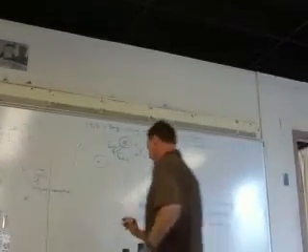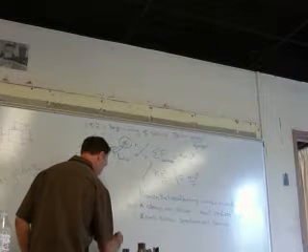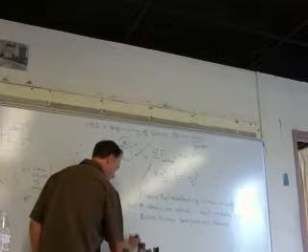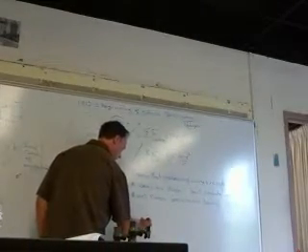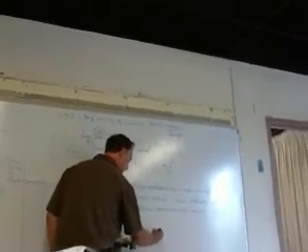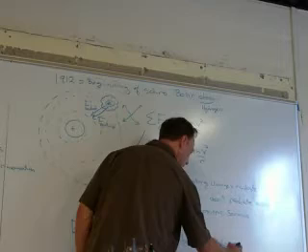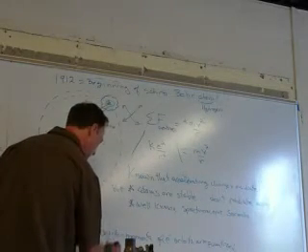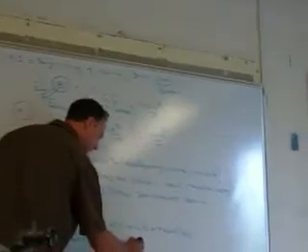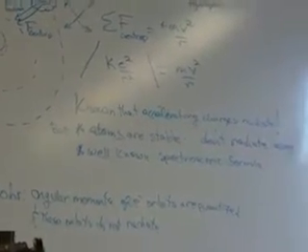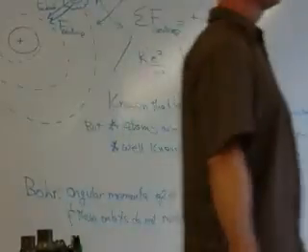So Bohr: angular momentum of electron orbits are quantized. And these orbits do not radiate. Transitions.